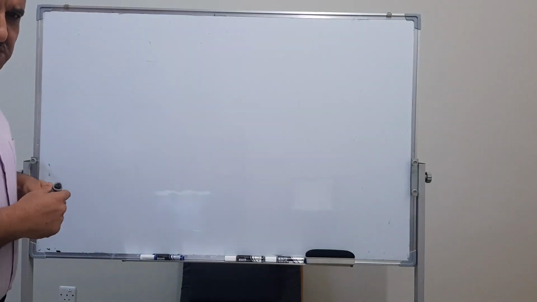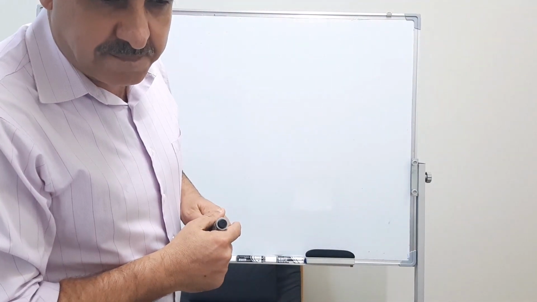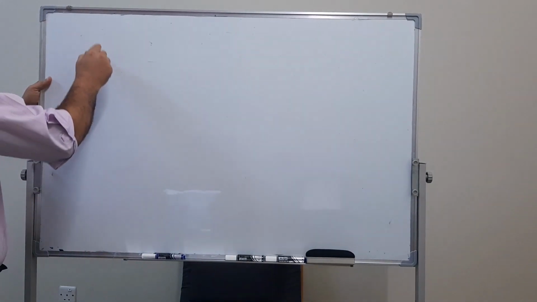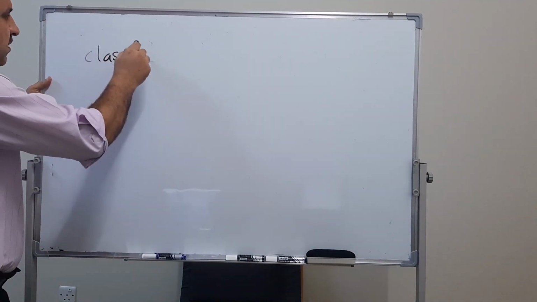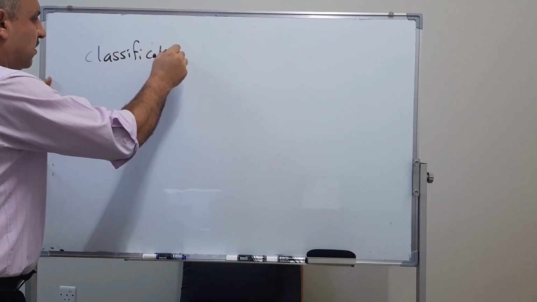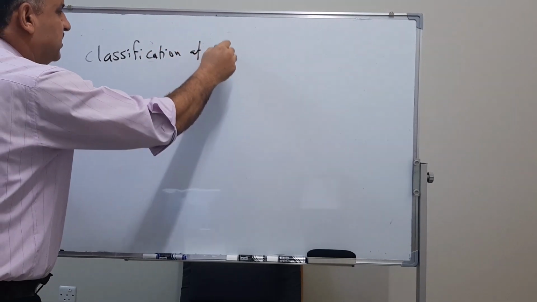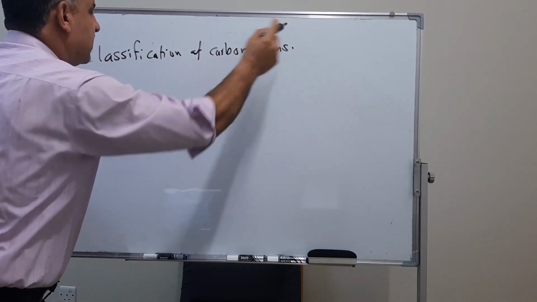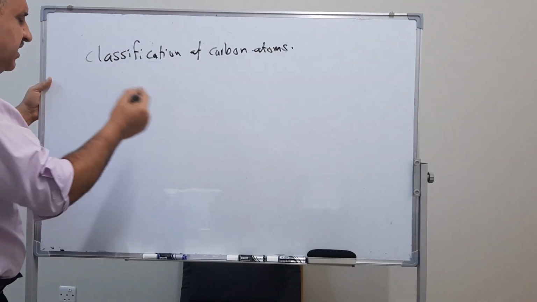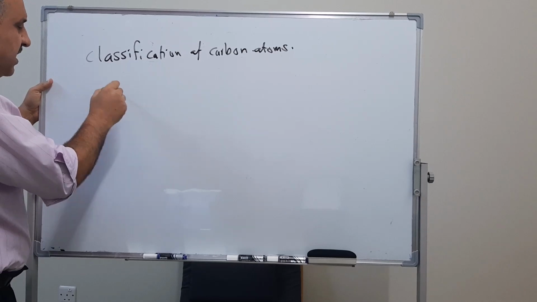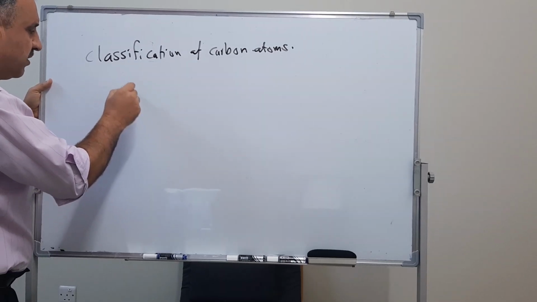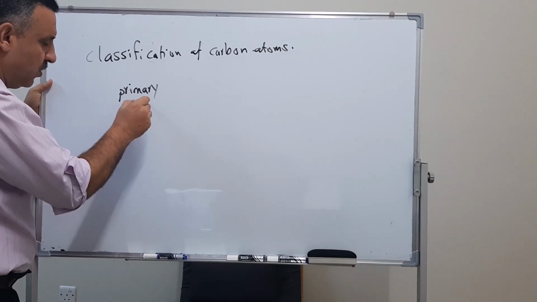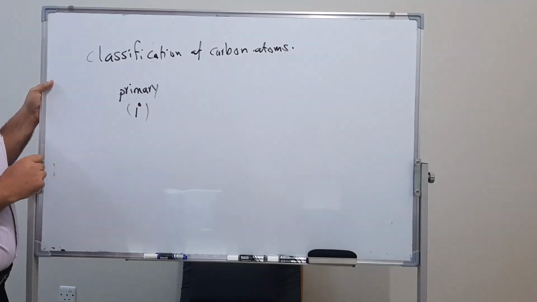So in slide number 14 we will have the classification of carbon atoms. This classification actually helps us in the study. Generally speaking, we classify carbon atoms as primary, I will write it, primary, abbreviated by 1 with a degree on it.